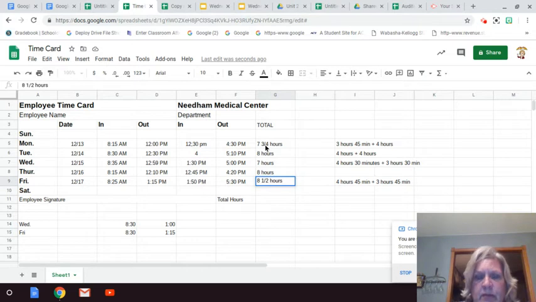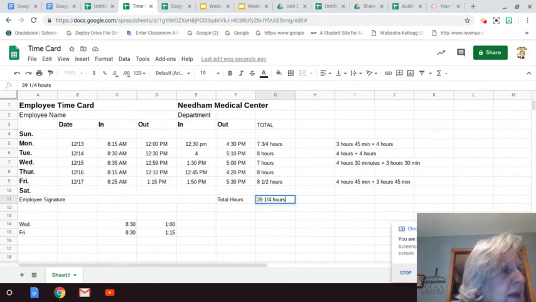But then I've got this 3/4 and this 1/2. Well, that makes 1 and 1/4. So I was at 38, 1 1/4 makes 39 and 1/4 hours. And that's what they're going to calculate your pay on.